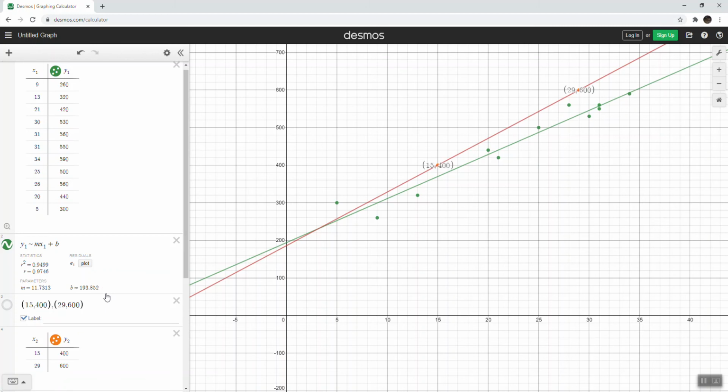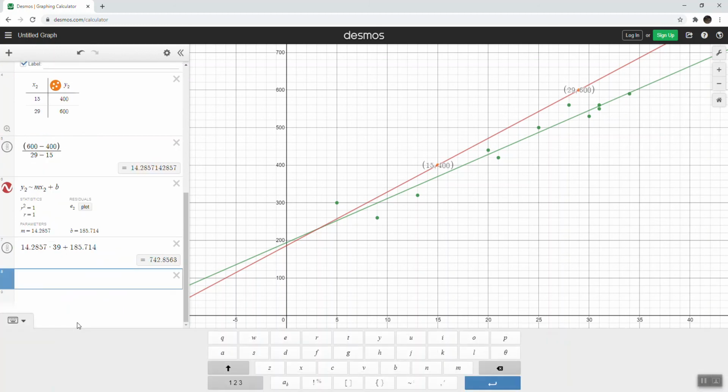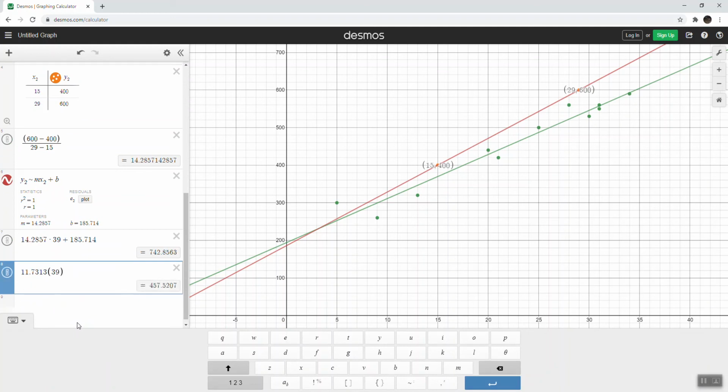Now we're going to use this equation to do the same prediction. I'm just going to type in that equation, 11.7313 times 39 plus 193.852, and my prediction for the Whopper is 651.3727 calories.